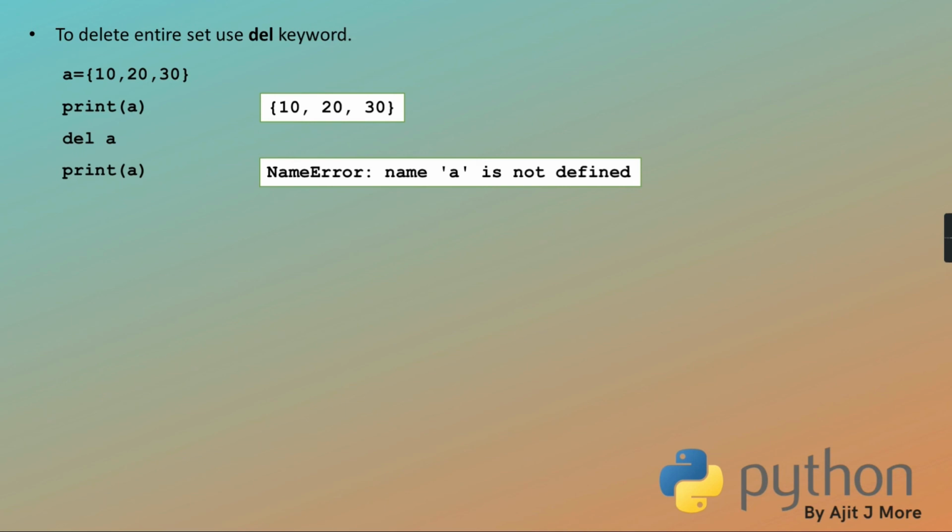Set resembles a mathematical set only. So a Python set is a software implementation of the mathematical set. As in mathematics we have a set as a collection of distinct objects, the same set of maths is represented in Python set.